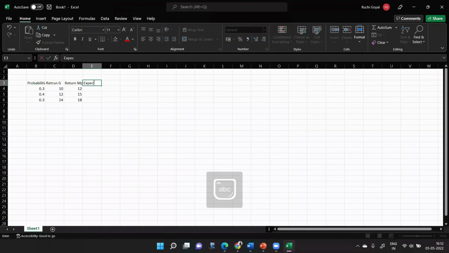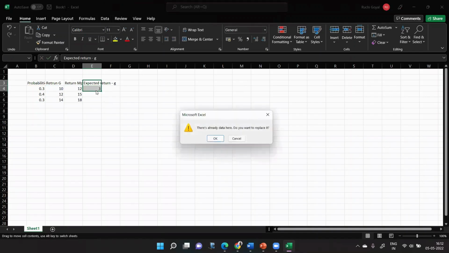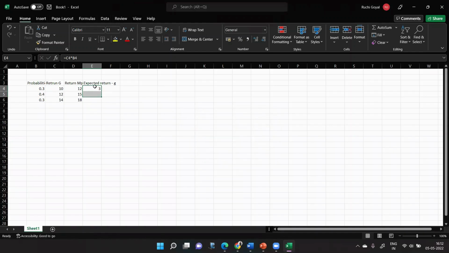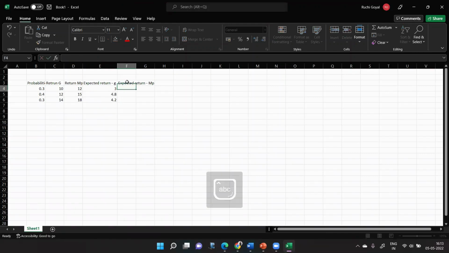Let's calculate the expected return from G. This would be the expected return from the market portfolio.